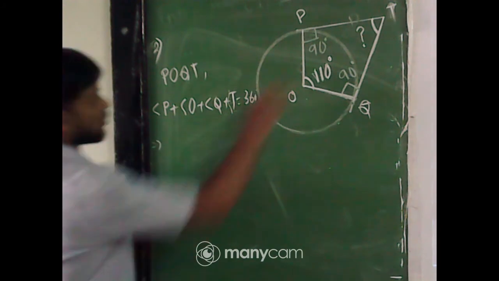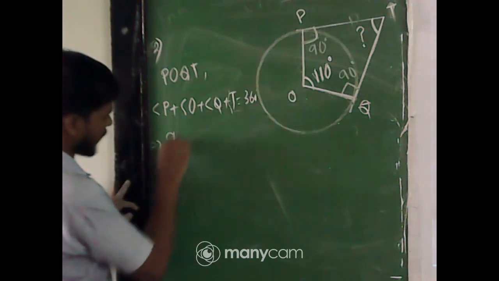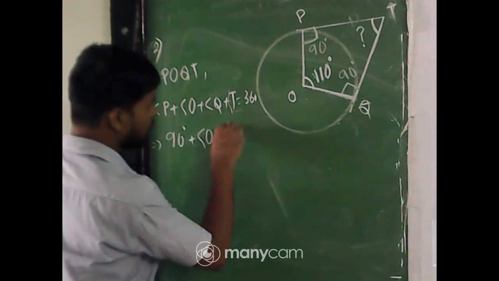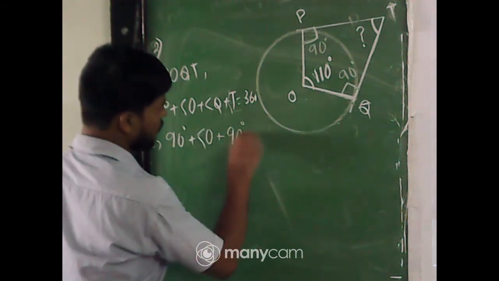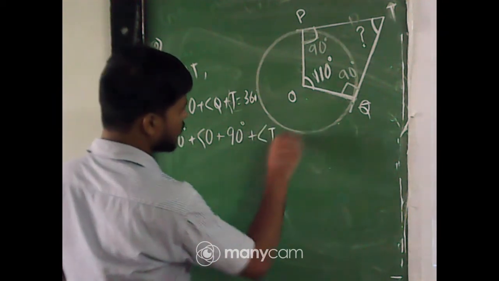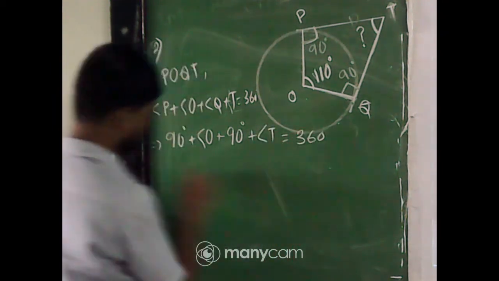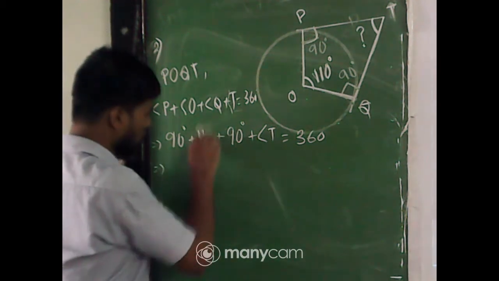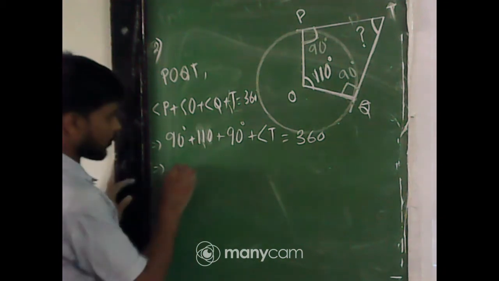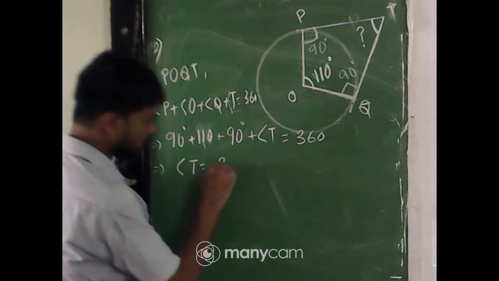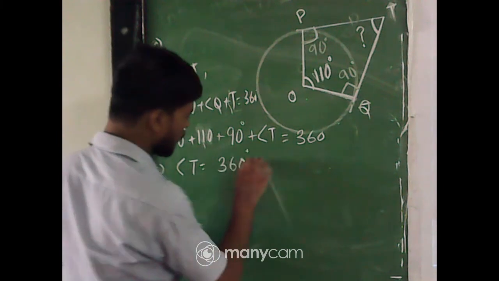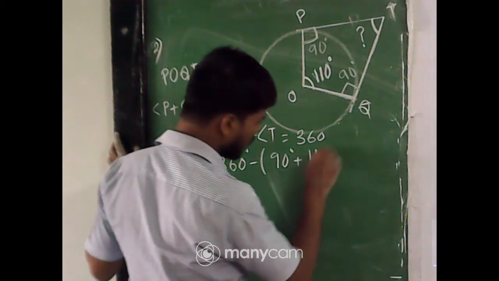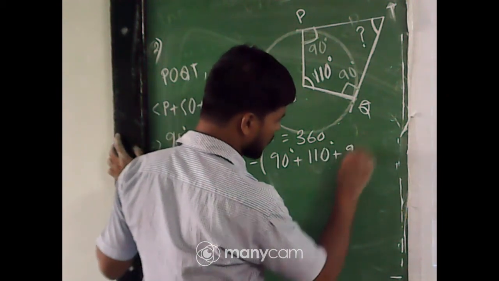The value of angle P is 90 degree. The value of angle O, sorry, angle O is 110, we know the value. Angle Q is again 90 degree, plus angle T, which we don't know, equal to 360 degree. So angle T will be 360 degree minus 90 degree plus 110 degree plus 90 degree.